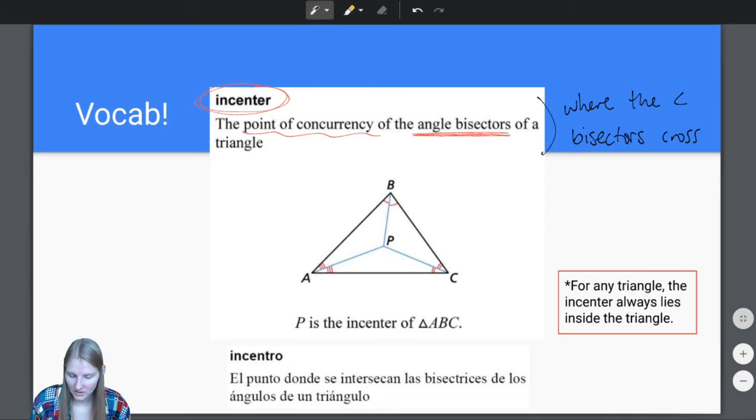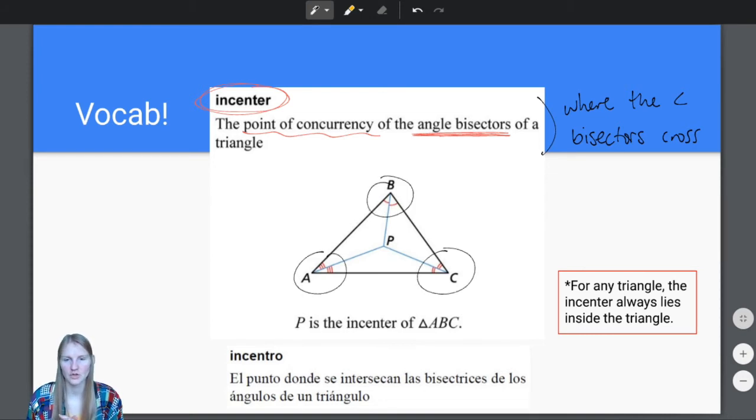So, notice how on each of our vertices or corners of the triangle, we have that the blue line splits it up into 2 congruent angles. So BP, AP, and CP are all angle bisectors, and the point where they meet, that is the incenter.